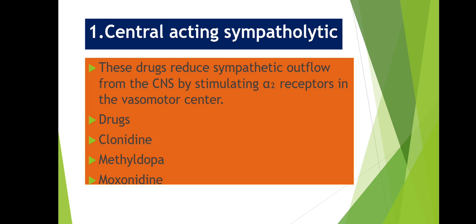Please pay attention to this class and some drugs that are there and what they do and some adverse effects. These are the most commonly asked questions. Where exactly do these drugs act on? What are some of the adverse effects? Just like that. So these drugs reduce sympathetic outflow from the central nervous system by stimulating A2 receptors in the vasomotor center.